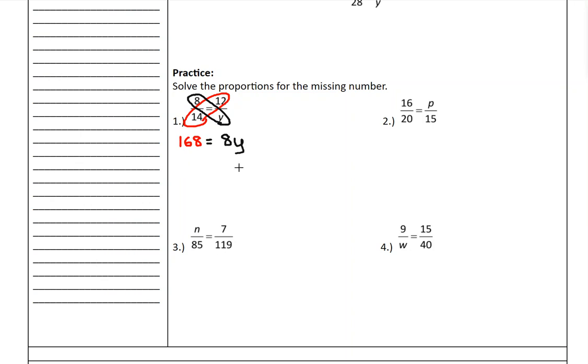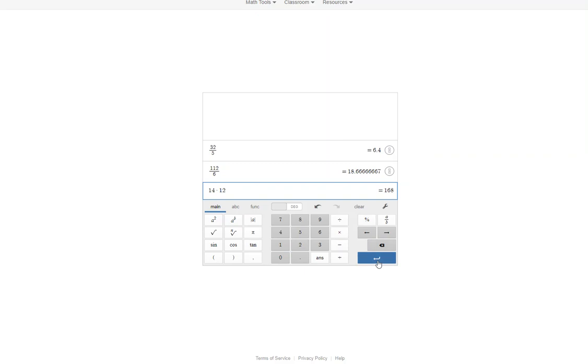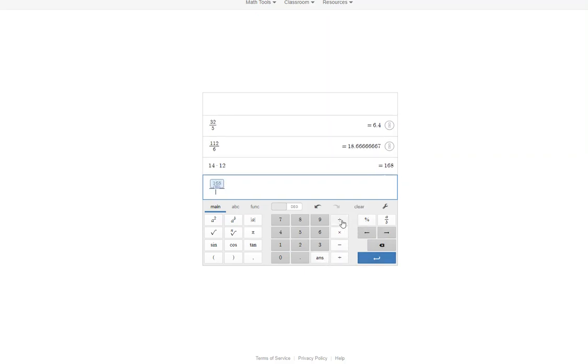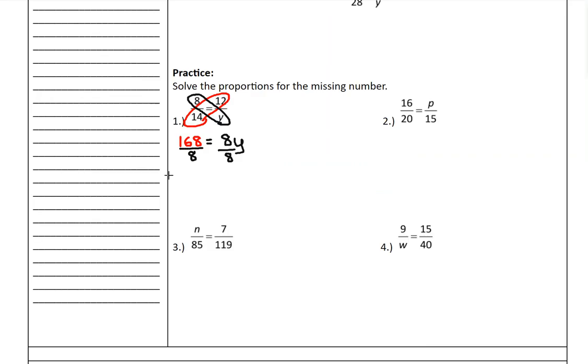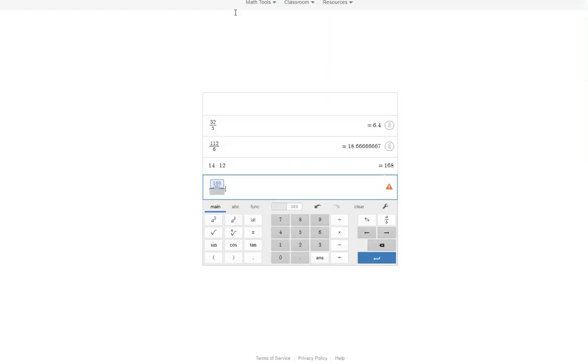And then our next step should be to what? Divide by the number with the variable. So we'll go back over to Desmos. We have 168, and I'm going to divide that by 8, and our answer is 21.